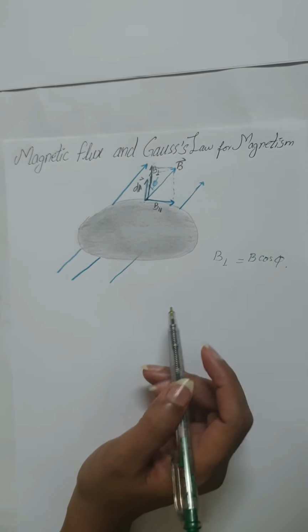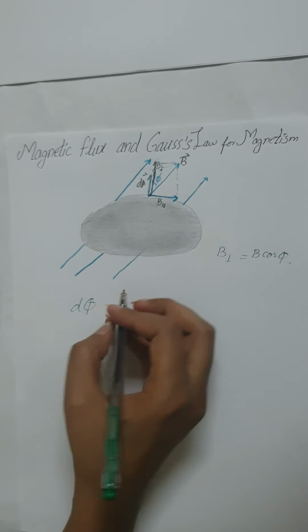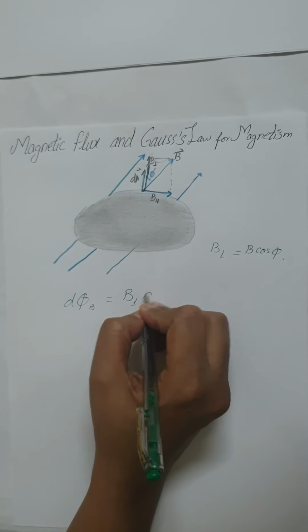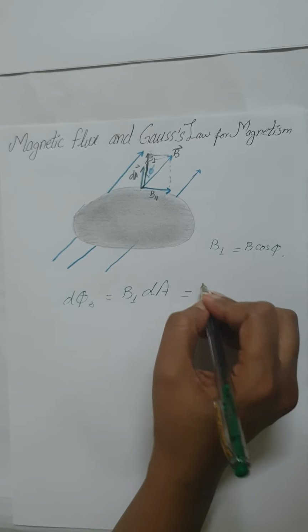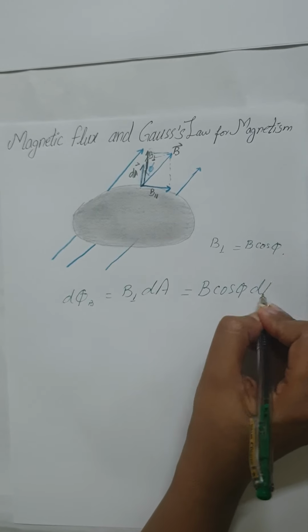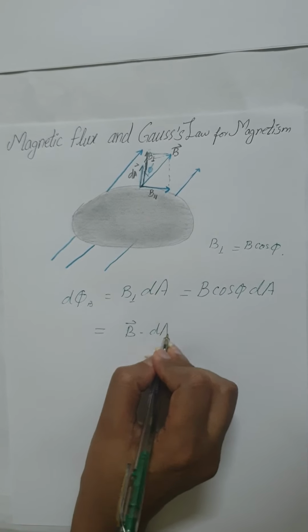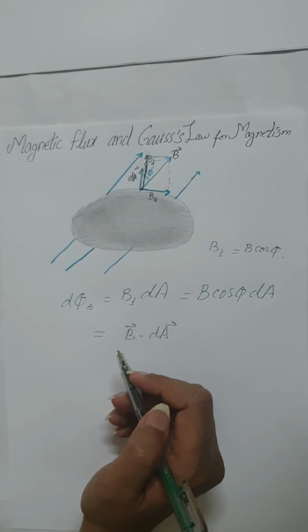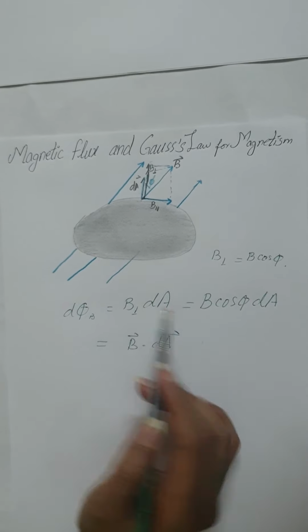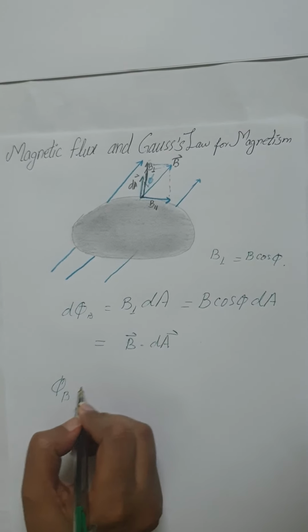We can define the magnetic flux through this small area. So the total magnetic flux through the surface is the sum of the contributions from the individual area elements, and then we will use integration.